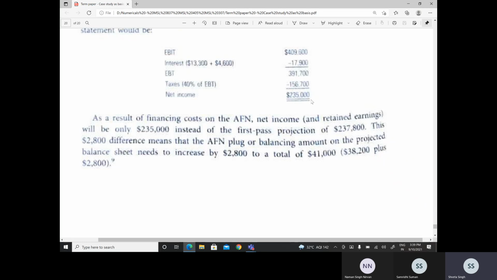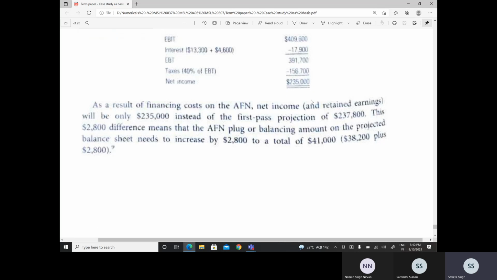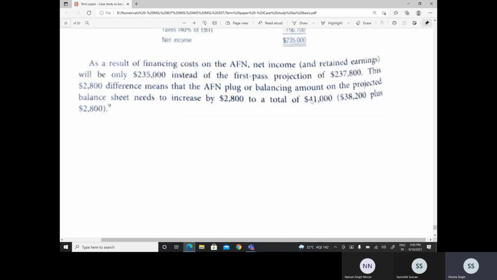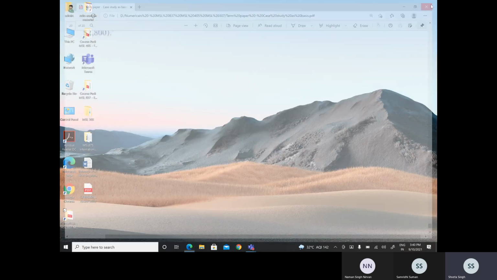This $2,800 difference means that the AFN plug or balancing amount on the projected balance sheet needs to increase by $2,800 to a total of $41,000, which is nothing but $38,200 plus $2,800. Okay, so this is just to give you an idea as to what is the additional financing cost in case you decide to raise the money through debt.